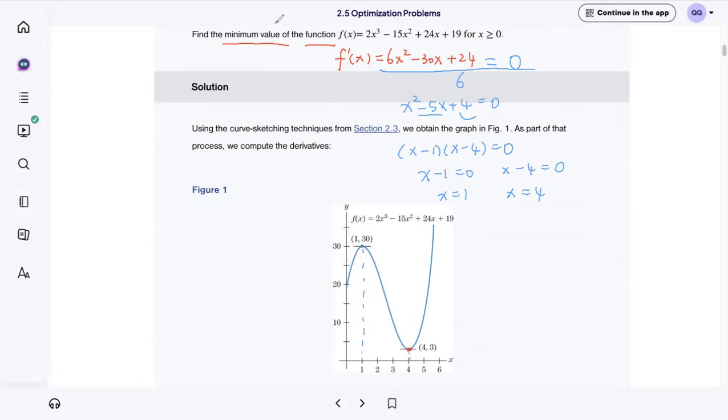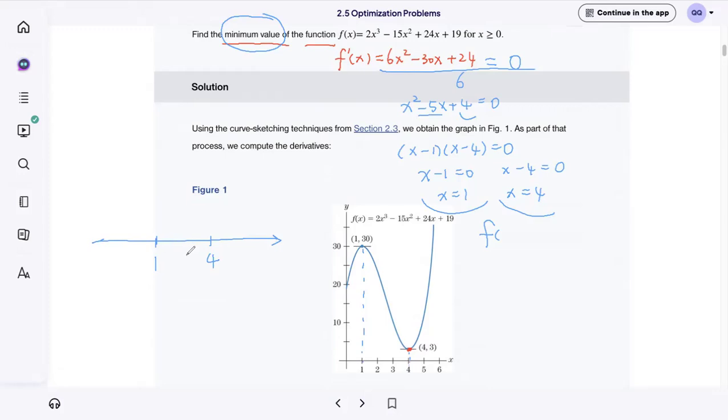But we need to find the minimum value. The minimum value of the function means f of 4. But without this graph, how do we know which one gives the maximum and which gives the minimum? So we draw a real number line and mark 1 here and 4 somewhere here.